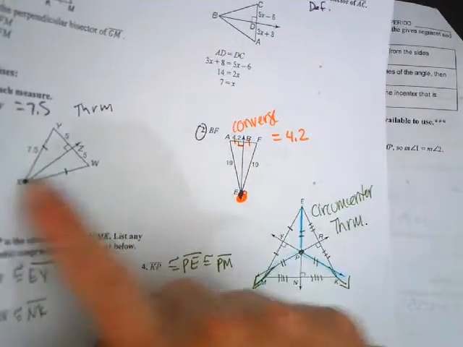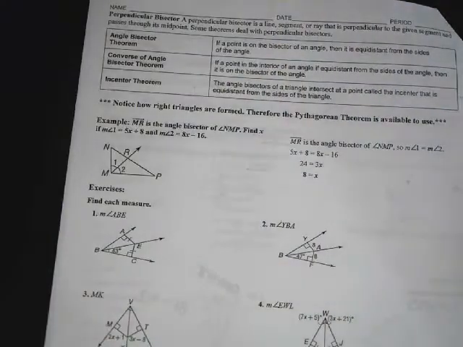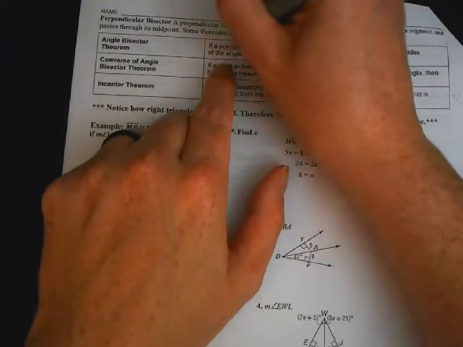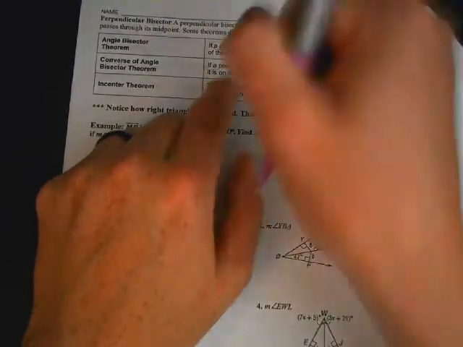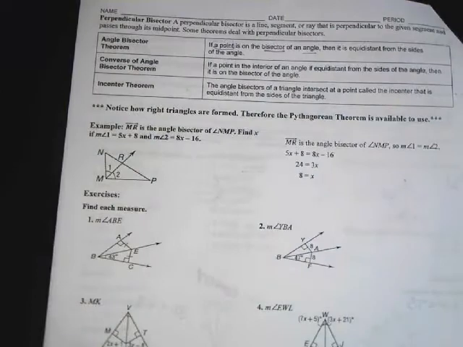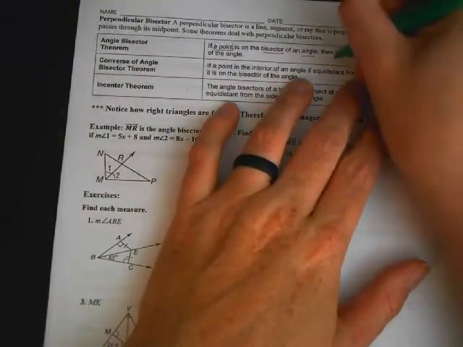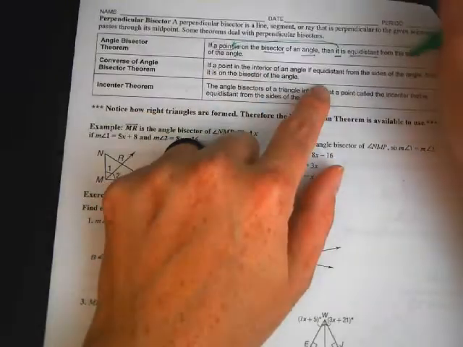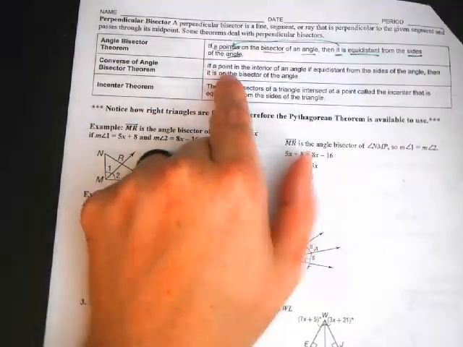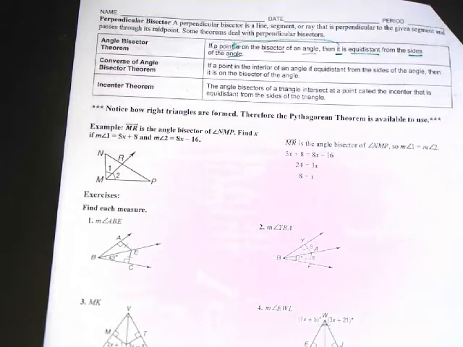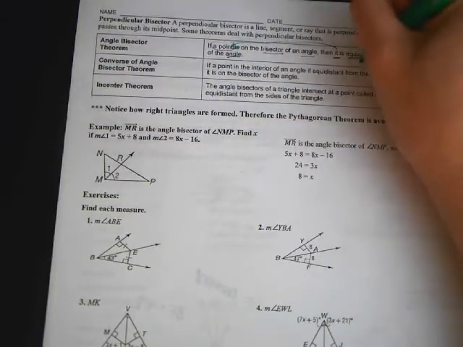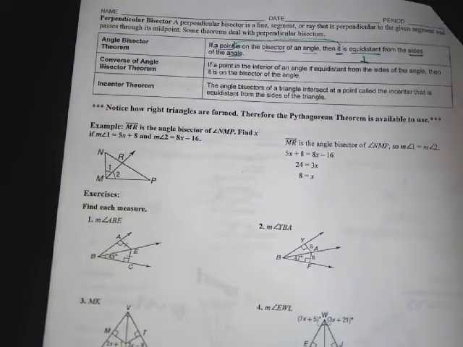So if we bisect an angle, we're equidistant from the sides, okay? If a point is on the bisector of an angle, that's the hypothesis, the conclusion, and again, that's referring to the point, is equidistant from the sides of the angle, okay? Now, when you were talking about a distance to a side, it has to be perpendicular, okay? So equidistant, I'm going to put perpendicular symbol there, okay?